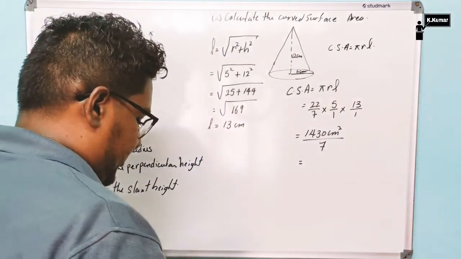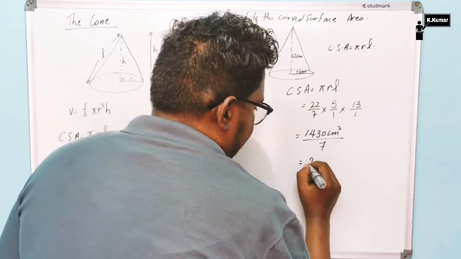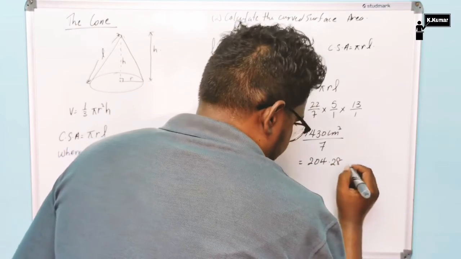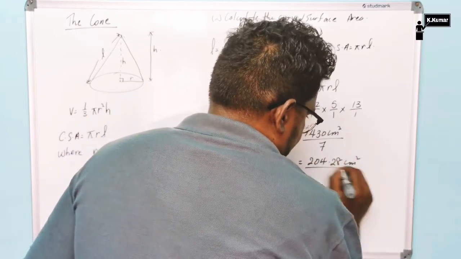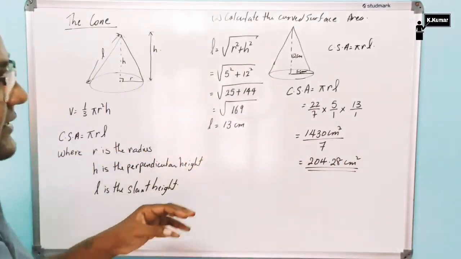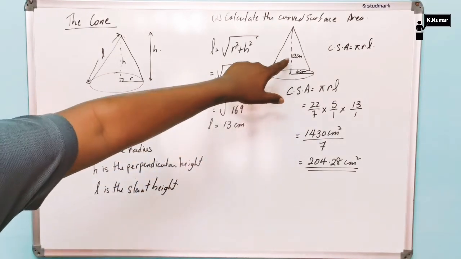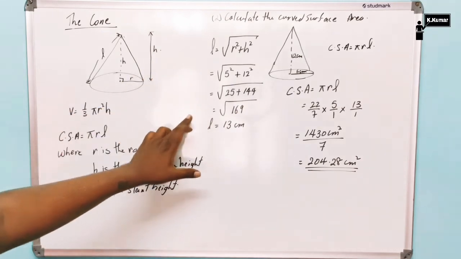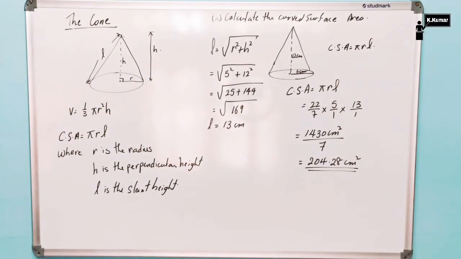And when you divide it, you're going to get 204.28 cm squared. And this is how you find the curved surface area when you're given the perpendicular height and the radius, and you have to find the slant height.